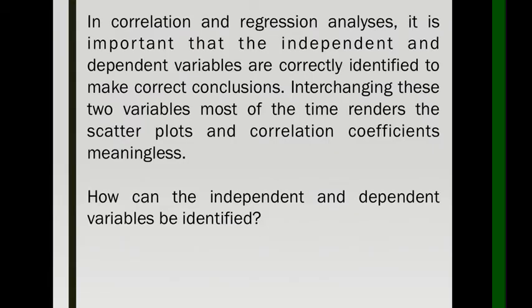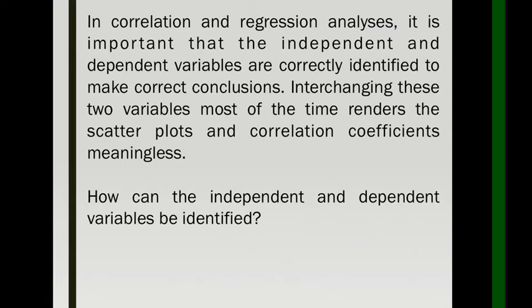In correlation and regression analysis, it is important that the independent and dependent variable are correctly identified to make correct conclusion. So dapat alam mo what is independent and the dependent variable. Interchanging these two variables most of the time renders the scatter plots and correlation coefficient meaningless.